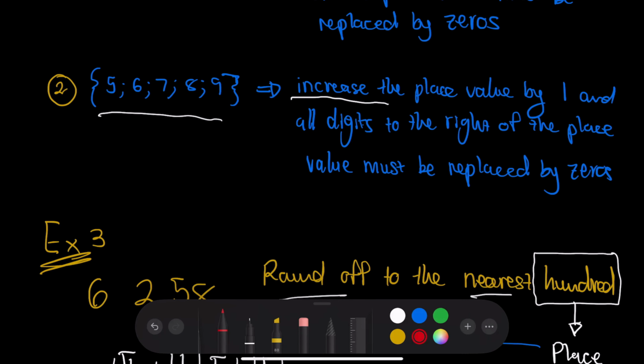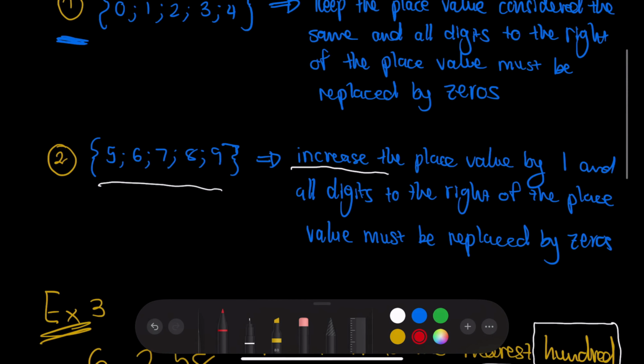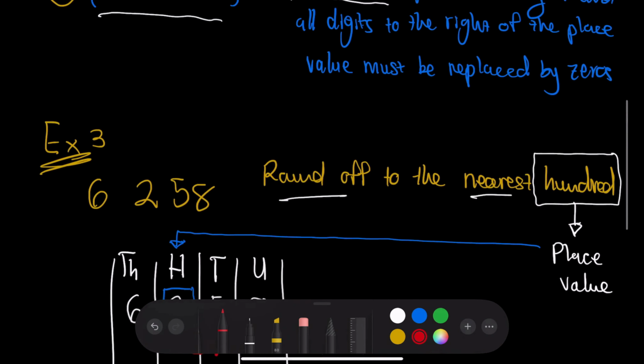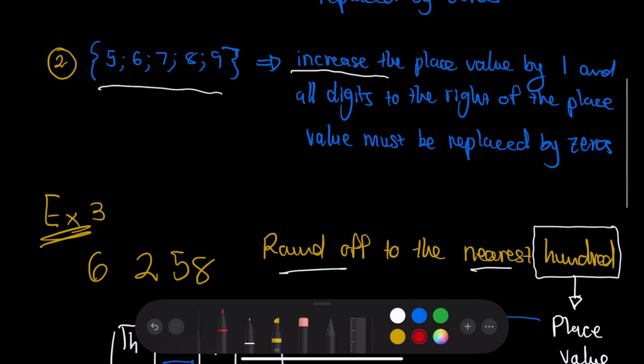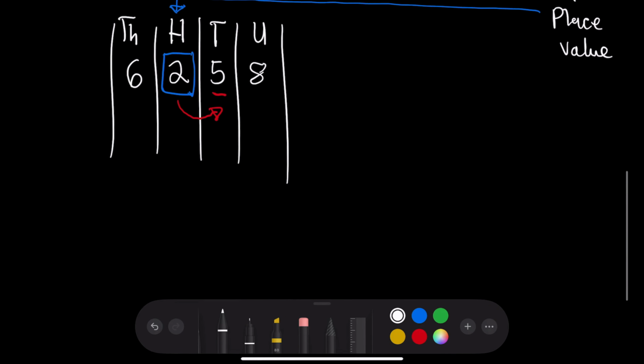Which set does it form a part of? I can see this number 5 forms part of this set, which is rule 2. Rule 2 tells us that if the digit to the right of your place value falls within this range, you must increase the place value by 1, and then all the digits to the right of the place value after you've increased it must be replaced by zeros.